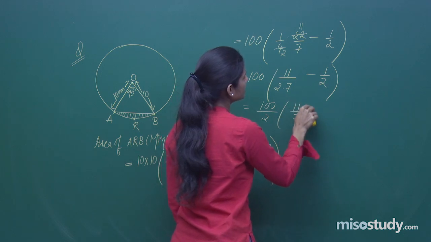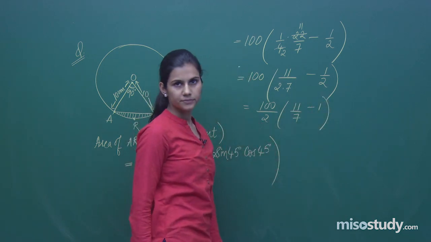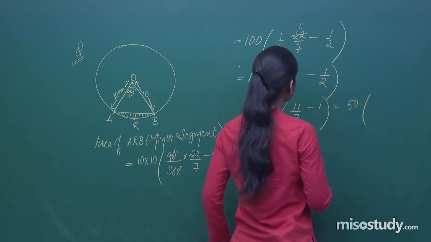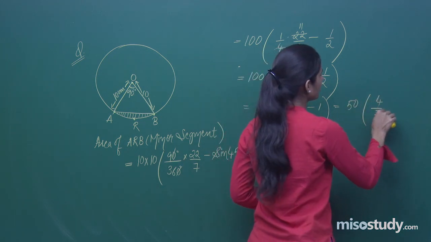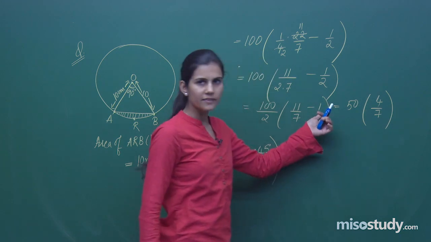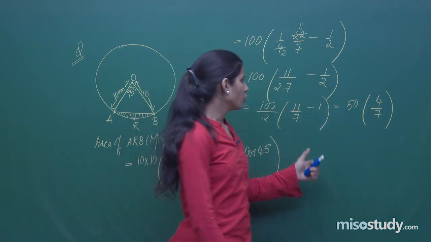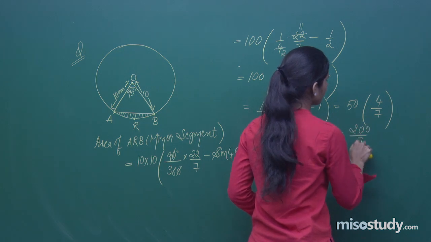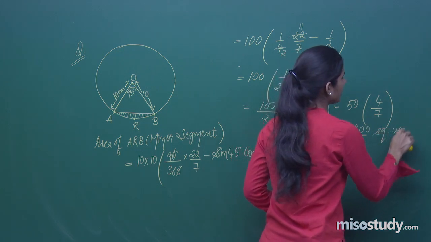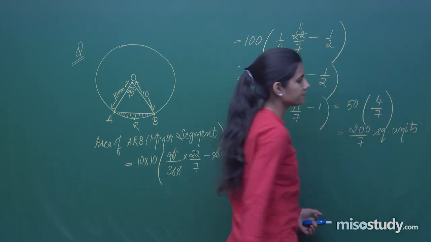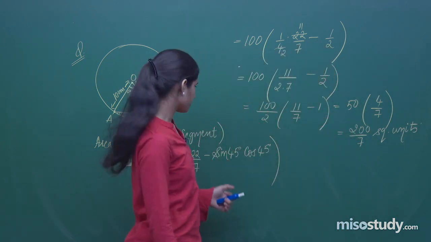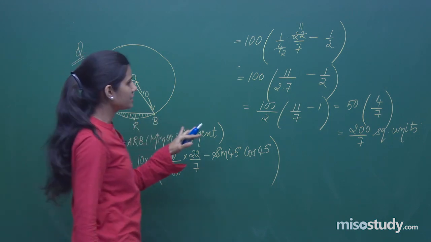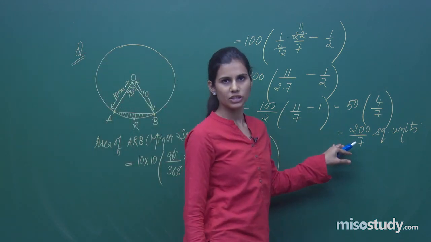You have 11 by 7 minus 1. This gives you 50 into 11 minus 7, which is 4, whole upon 7. 200 upon 7 square units. Is it clear? So what is it that you have? Area of this minor segment is 200 by 7 square units.